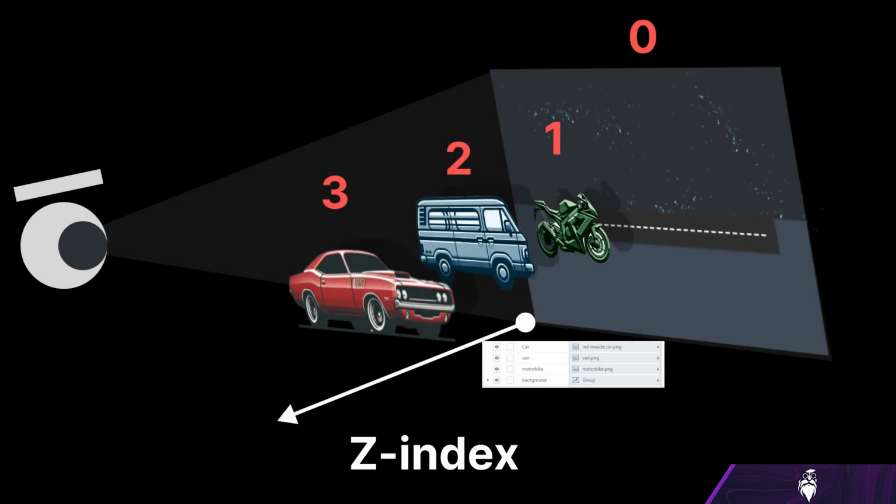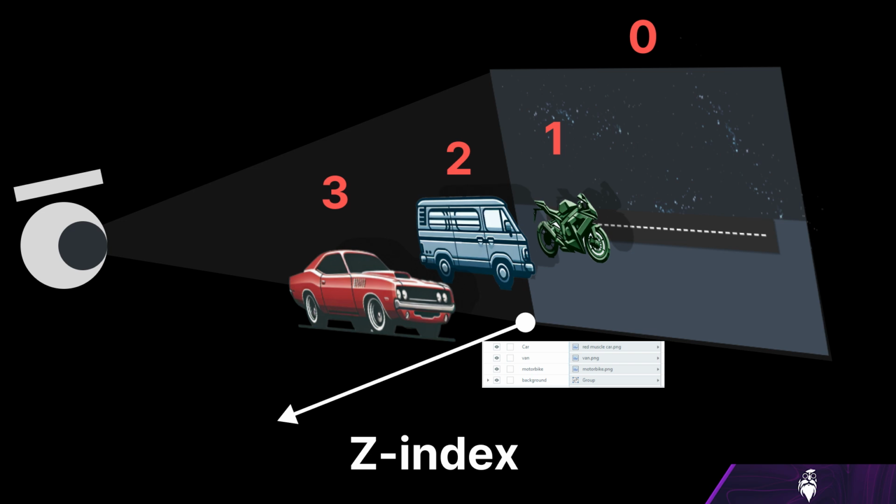So if we think about our scene, the background has the lowest Z index because it's right there at the bottom of the timeline. And then starting from the background, we first have the motorcycle, the van, and the car in the timeline. So each one has a greater Z index than the other because of their position in the timeline. So this is what the Z index is.